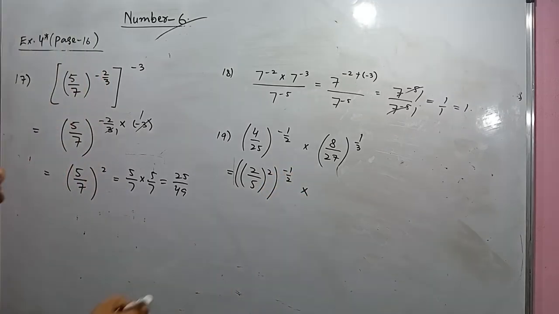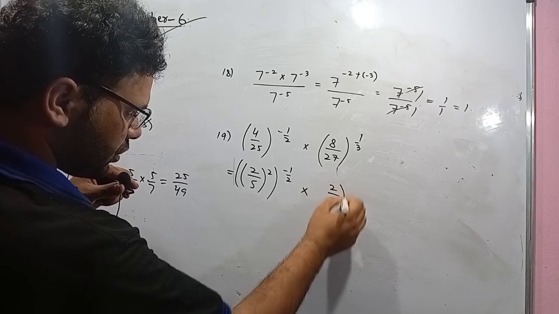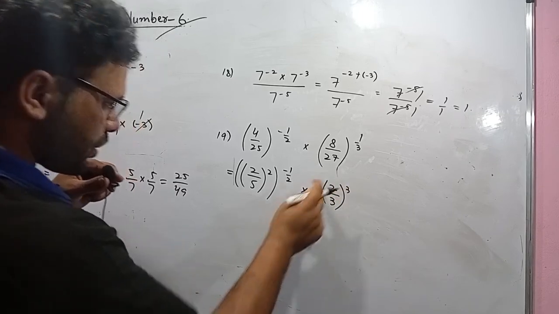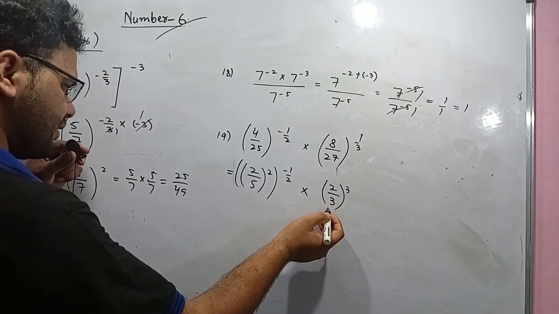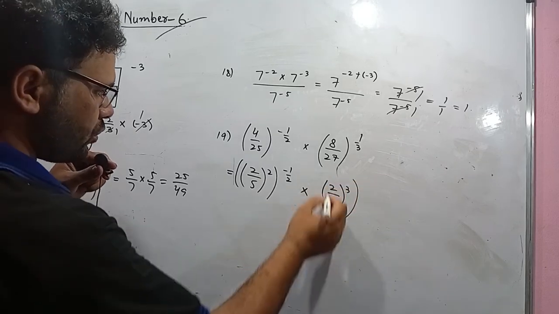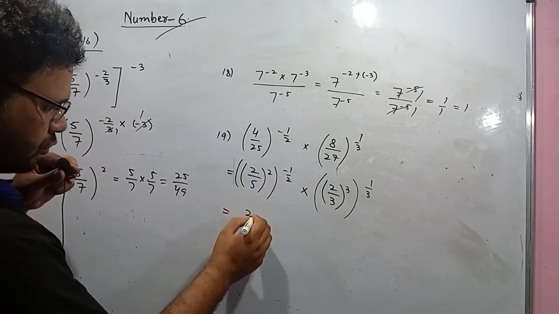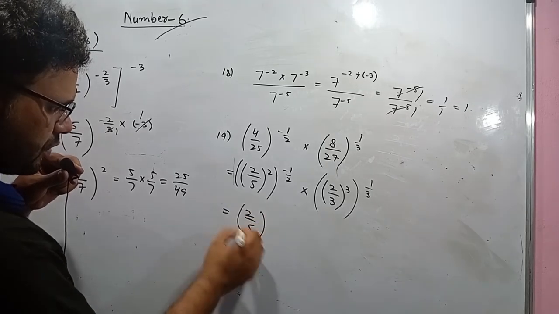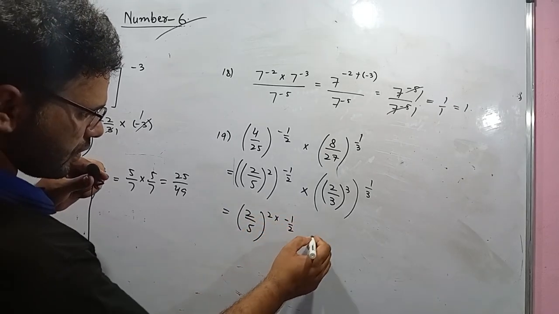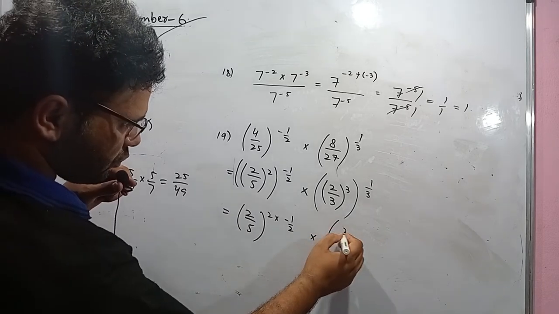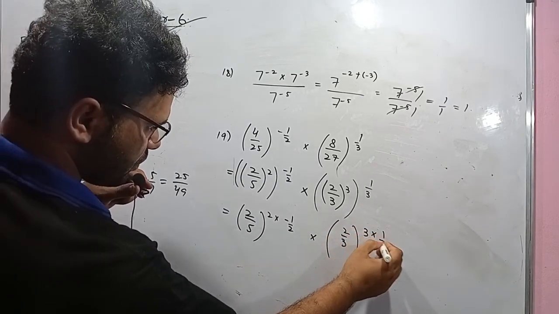Then into, I can write here (2/3) whole cube, because 2 2s are 4, 2 4s are 8, and 3 3s are 9, 3 9s are 27, whole to the power 1/3. Now (2/5) whole power 2 into -1/2, into (2/3) whole to the power 3 into 1/3.